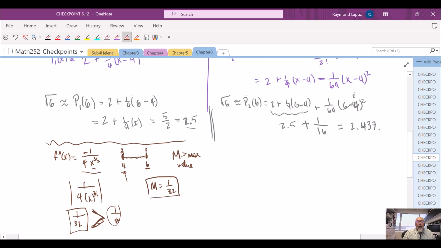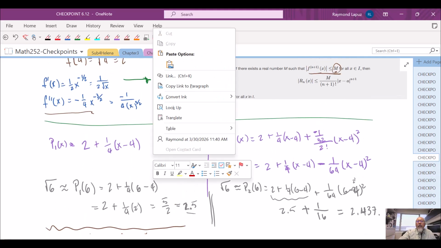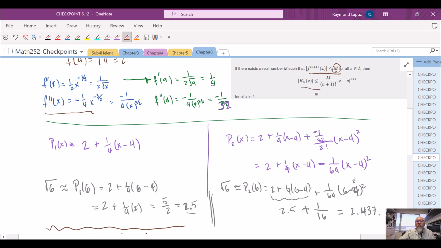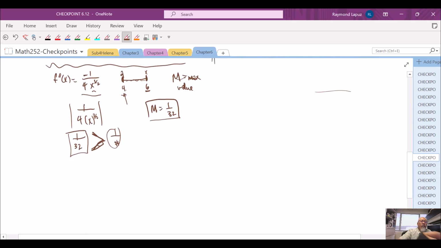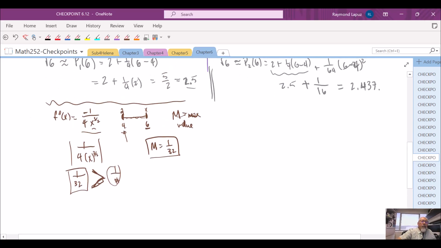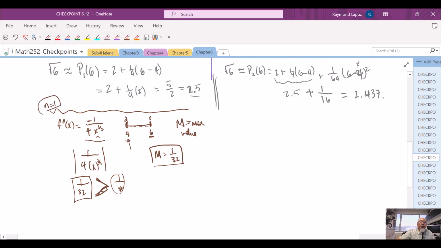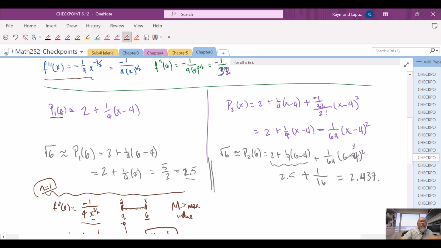Okay, so now we'll put that in here to get our boundary for the remainder. And remember, this is all working with n equal to 1. So n is equal to 1 here, just to be clear. This is the side where we did the first polynomial.